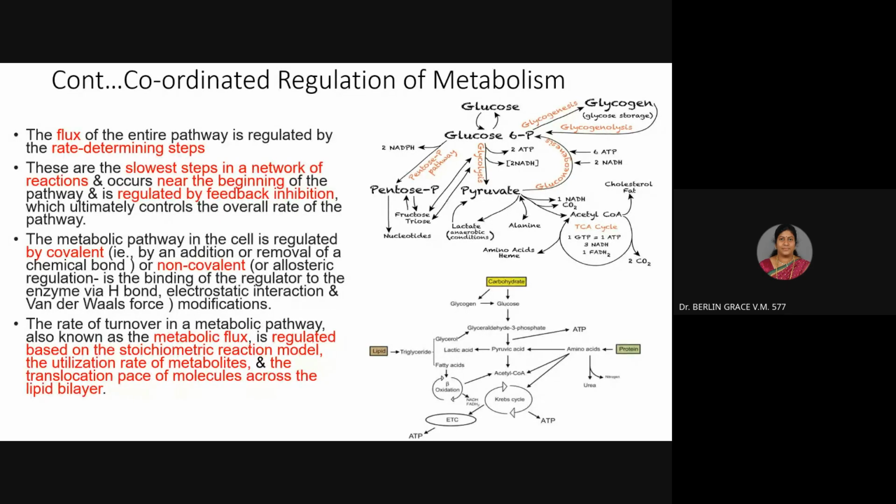So the flux is also integrated with the metabolism of all the biomolecules. Not only the carbohydrate metabolism we have seen earlier, now the protein and lipid metabolism also is integrated into the flux of carbohydrate. So integration of metabolic pathways of different biomolecules can be explained in this.